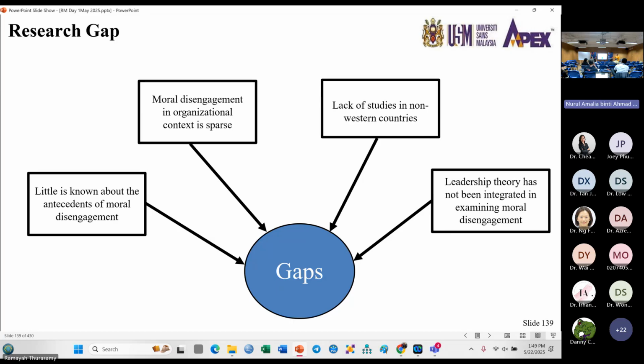Paper, pencil, whatever. You feel guilty, right? The small item, okay lah. Still deviate, still deviate. That's one behavior. And then we also have sabotaging behavior.